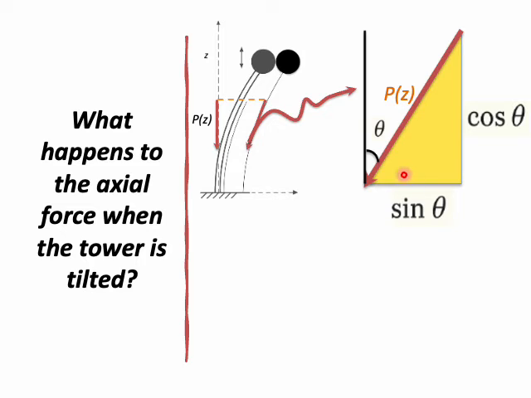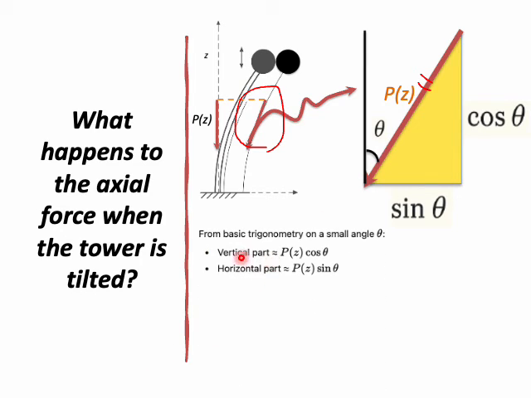It's now clear that the tilted axial force at any given height z can be split into two components, as shown here: a vertical part and a horizontal sideways component.